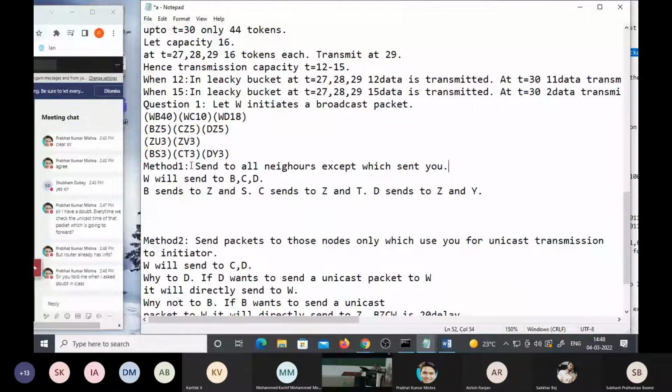No, I have not told that, even in personal discussion. The routing table is a much bigger topic. It cannot be taught so easily.